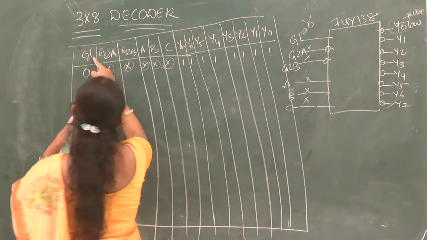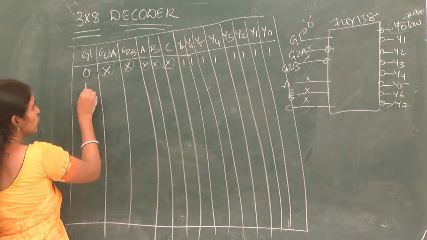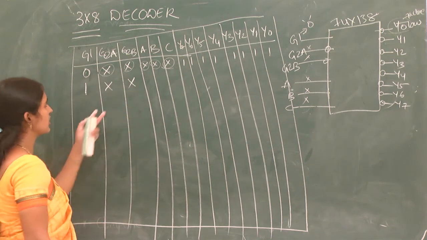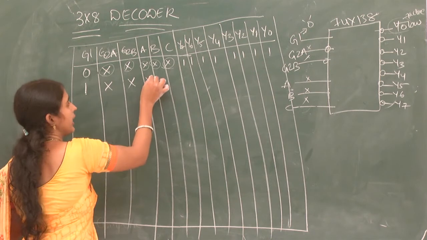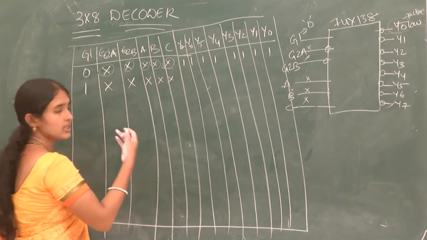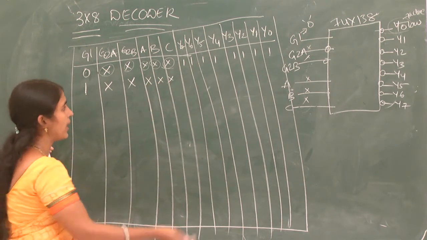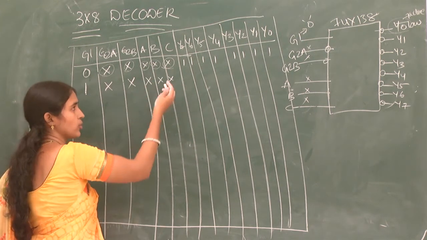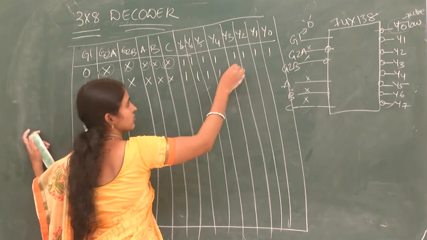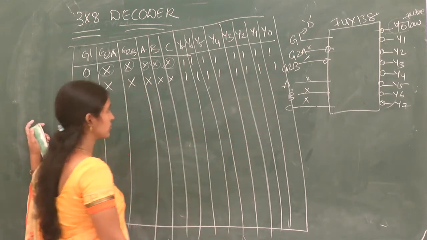Coming here, suppose G1 is 1, irrespective of your inputs, like G2A and G2B. Whether A, B, C are 0, 0, 0, or 0, 0, 1, or 0, 1, 0, or any other possible combination of your input, all will be 1.